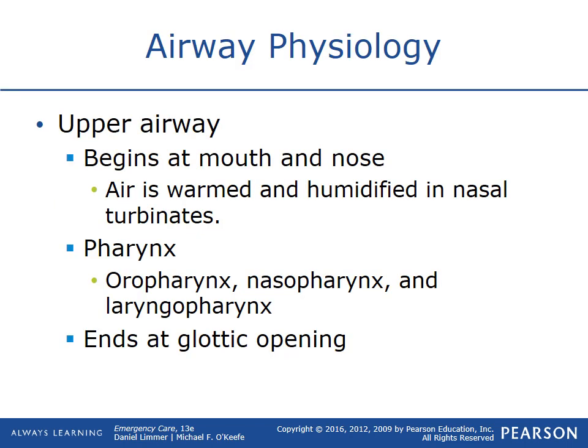So, the upper airway begins at the mouth and nose. Air is warm and humidified in the nasal turbinates. The pharynx is the back of the throat, or the throat. The oropharynx, nasopharynx, and laryngopharynx. There's the upper, middle, and lower.